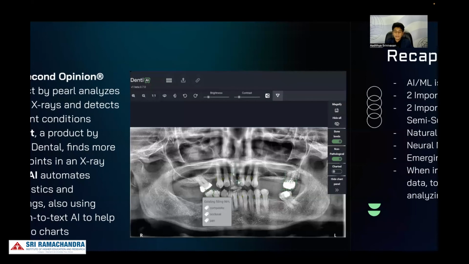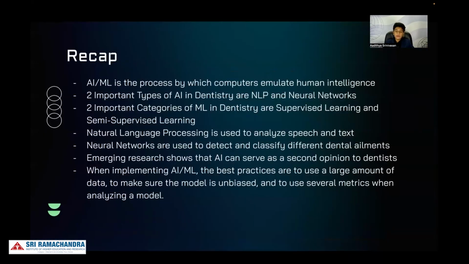So, as a recap, AI and ML is the process by which computers emulate human intelligence. Two important types of AI in dentistry are natural language processing and neural networks. Two important categories of ML in dentistry are supervised learning and semi-supervised learning.